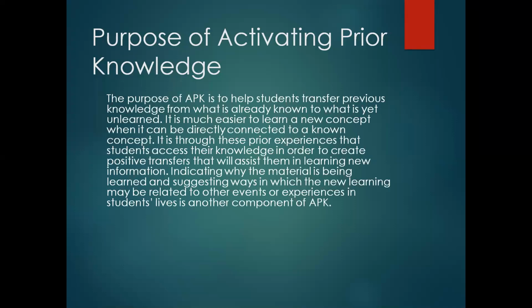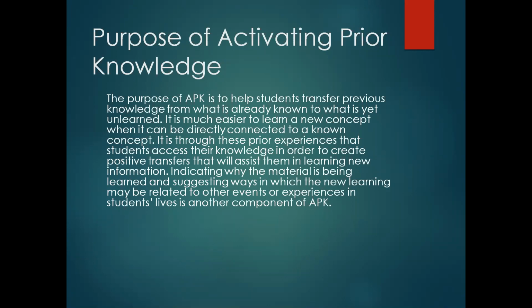So the next stage, you've created your objective. Now you know what your target is. The next thing you're going to do is activate prior knowledge, or APK. The purpose of APK is to help students transfer something they've already learned, what is already known to them, to what is yet unlearned, right? So remember week 1 when we talked about making those connections? This is that really important part for the brain. You're turning on the brain.